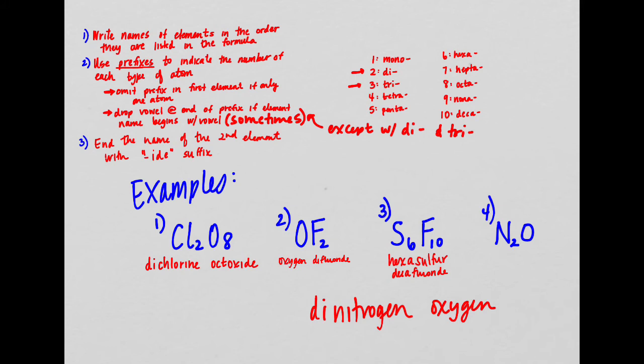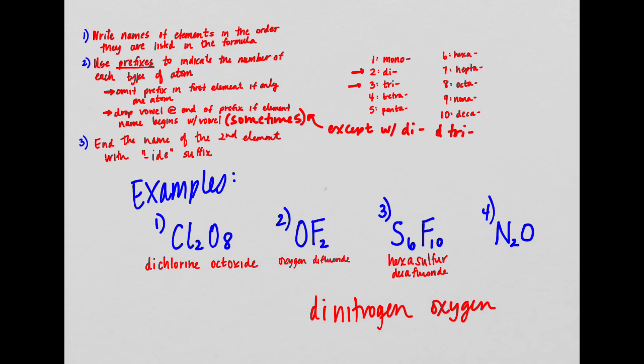We have to indicate that it is 1 oxygen here because we can only drop the prefix when it's the first element listed that has only 1 atom. In this situation, the first element listed has 2 atoms of nitrogen, right? And this is the second element listed. It's not the first element listed, so this rule doesn't apply to the second element, only the first.